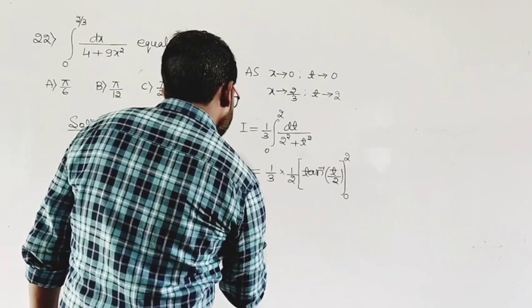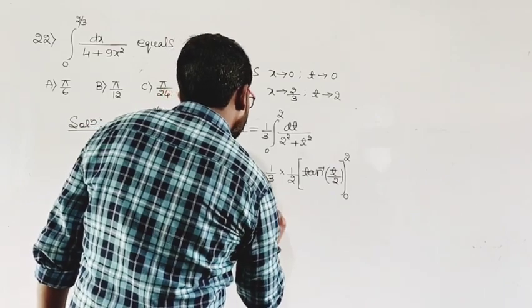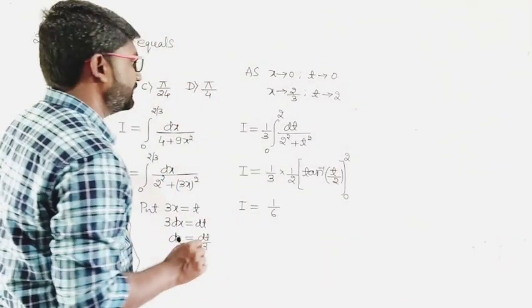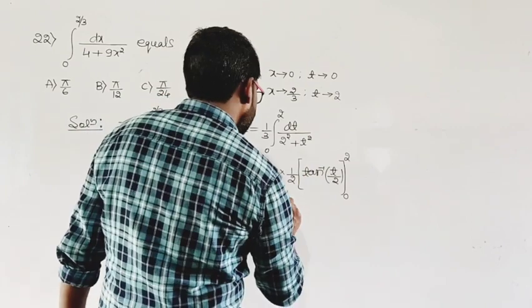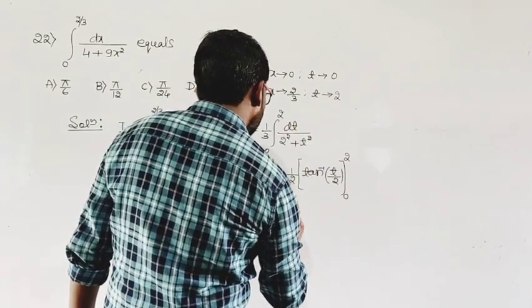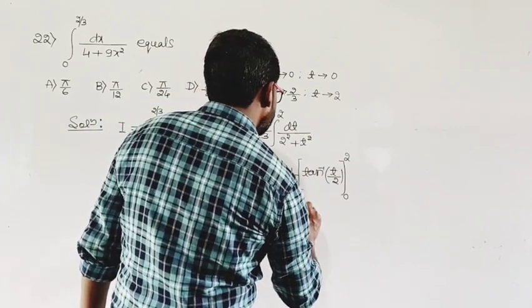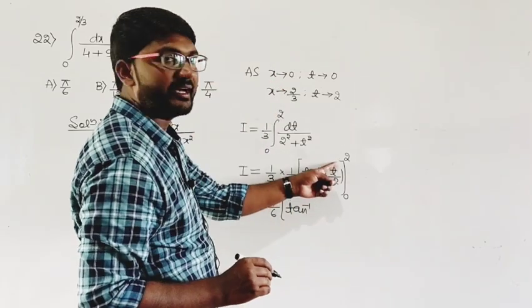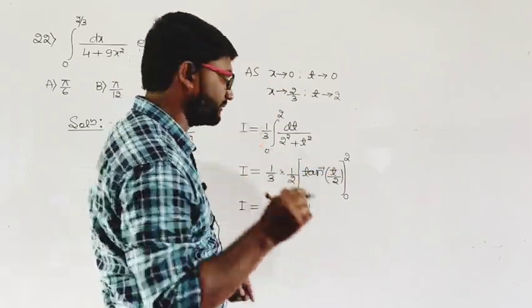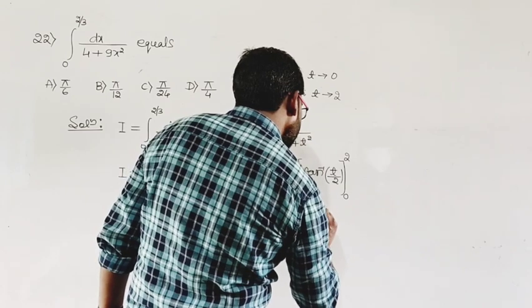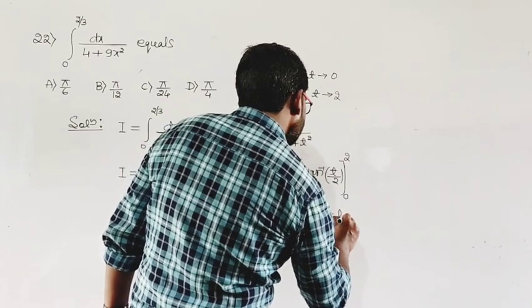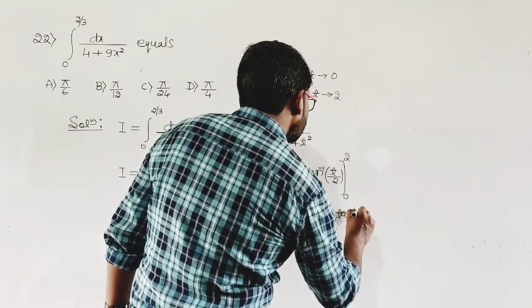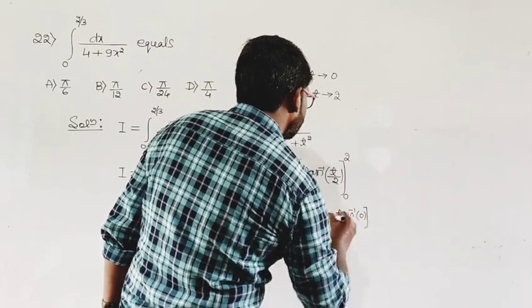So I is equal to 1/6 and then upper limit minus the lower limit. So here what do we get? Tan inverse, in place of t I have to write 2, so 2/2 is 1. We get tan inverse 1 minus tan inverse 0.